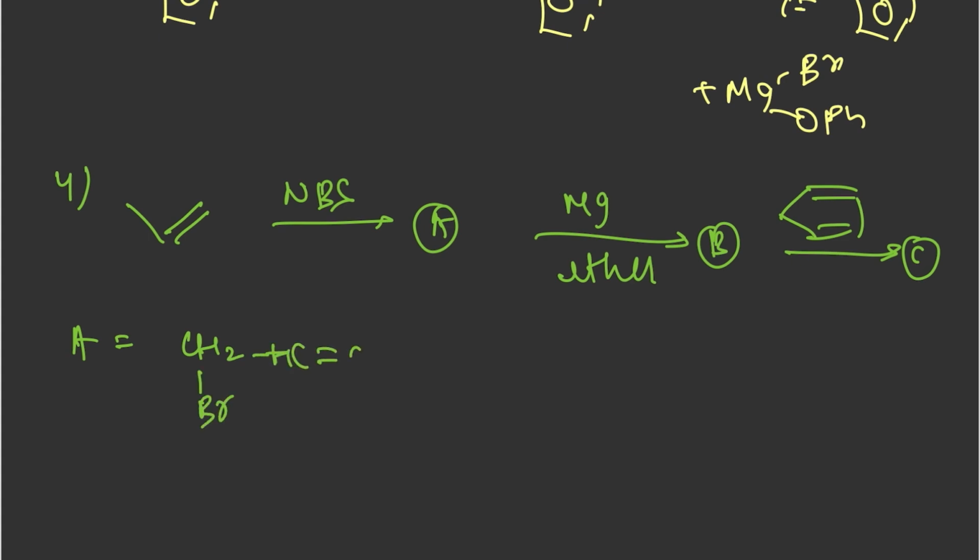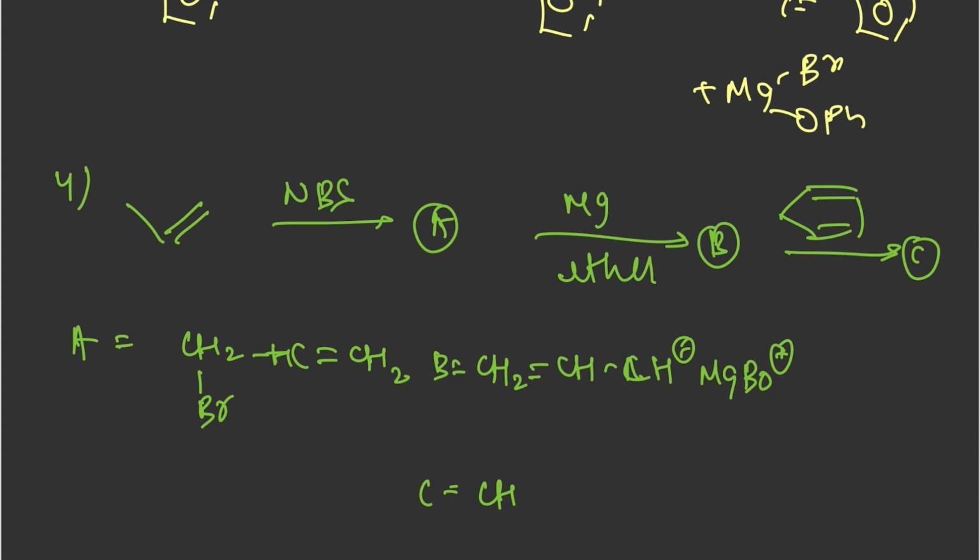Then B again will form the Grignard reagent. And C will form CH2, and Br minus.